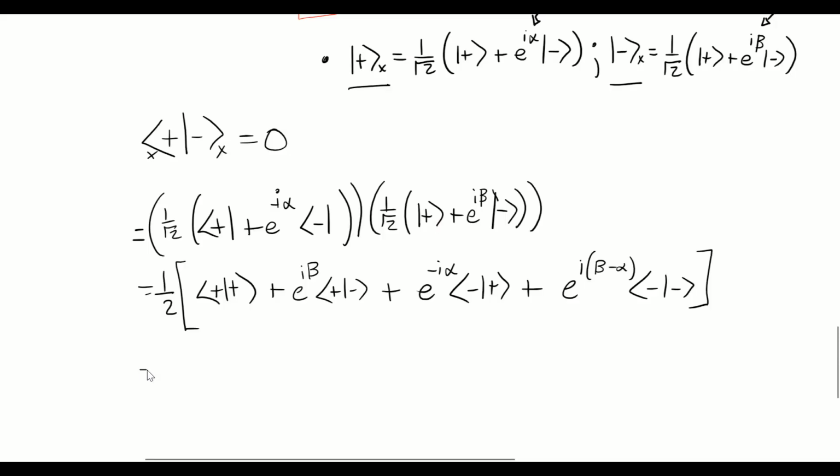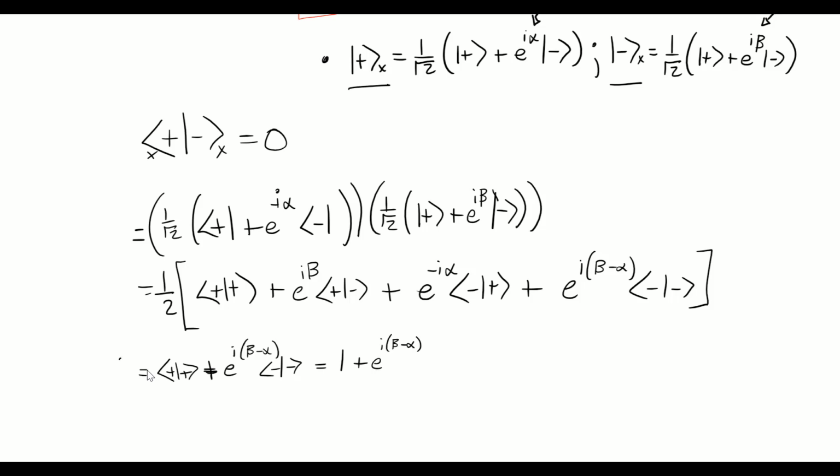This ends up being equal to, the 1/2 can just go over the 0, and we're left with 1 plus e to the i beta minus alpha.